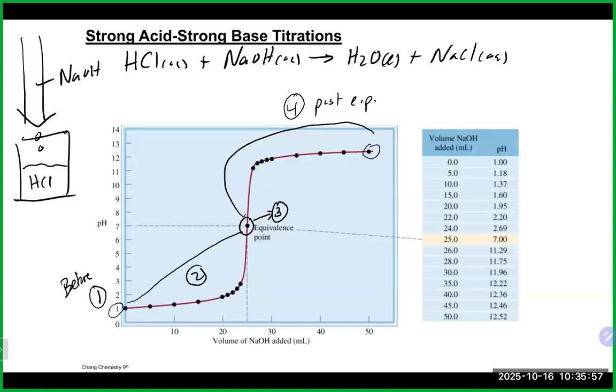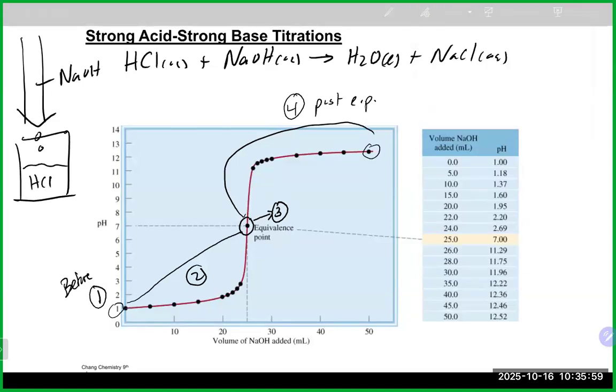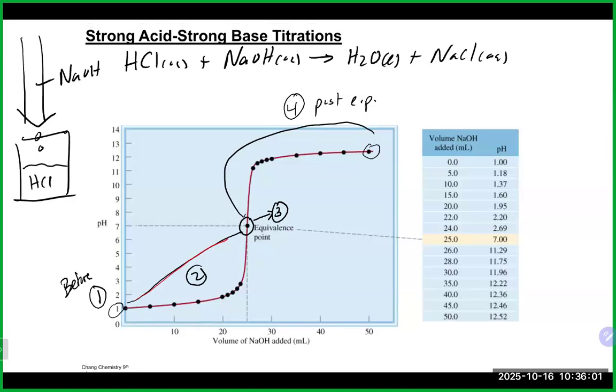All right, now we're going to talk about what happens when we start adding some base. Once we add base and start our titration, a couple of things occur. First, we get a reaction between the sodium hydroxide and the HCl once it goes into the beaker.